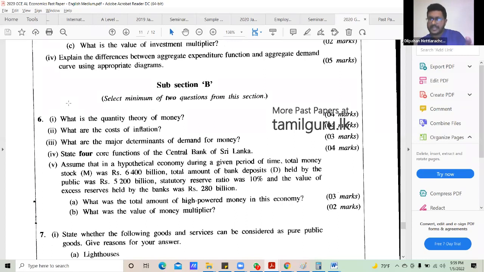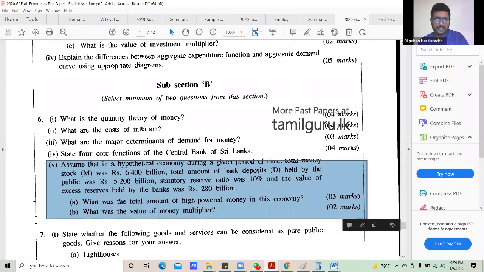Therefore, you have to make sure that you have a thorough understanding of the answers of the 2020 paper, a very clear-cut understanding, before going to the 2021 paper. That's why I selected this question.